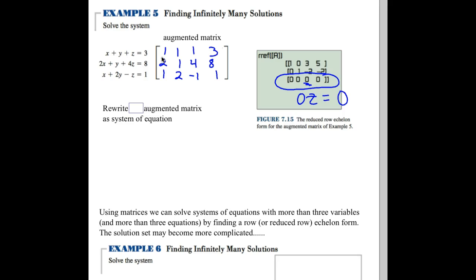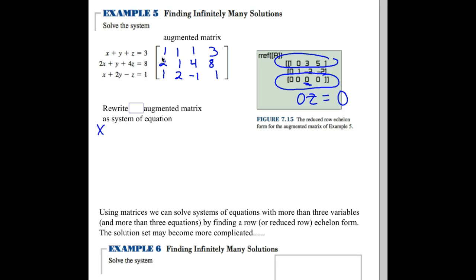Yes. In our previous example, we had 0z equaling 2. We said that's not going to work. But 0 times any number z will get you 0 for an answer. So this is a case where we have an infinite number of solutions. And how we write our answer, we go back and look at what the first equation is telling me.